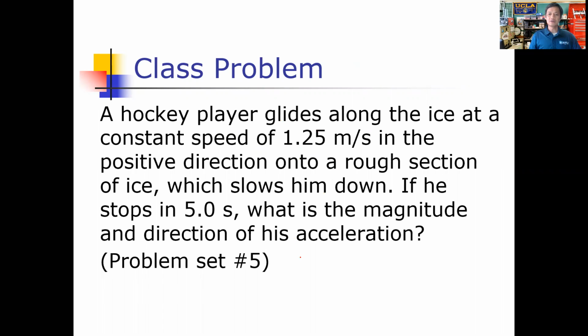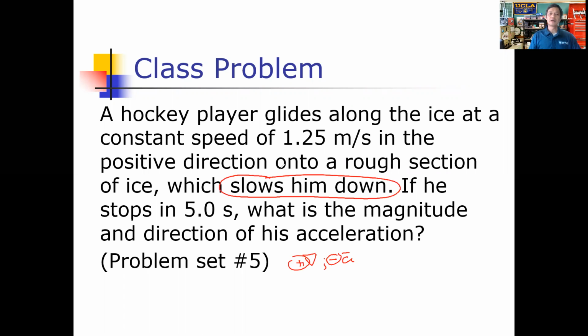The velocity given to us is positive, and when we solve for the acceleration it was negative. The signs are opposite, so that's how we know this particular hockey player is slowing down, even if it didn't describe it for us.